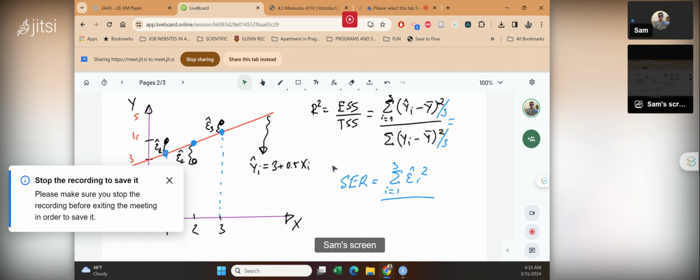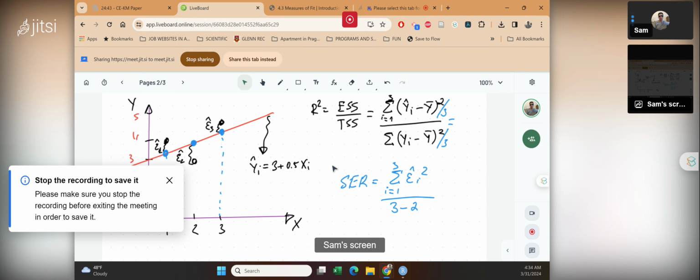The vertical deviations of these black points from the line, and divide by n minus k. Here n is 3, minus the number of parameters that we have estimated, which is 2, right? We have estimated beta 0 and beta 1, so 3 minus 2 defines your degrees of freedom.